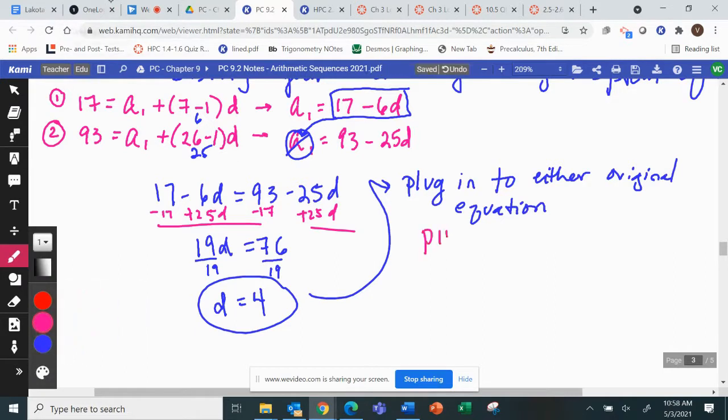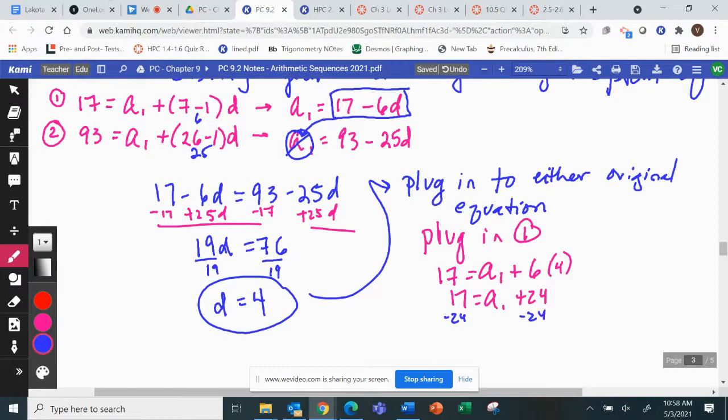So I will plug it into number 1. 17 equals a sub 1 plus 6 times 4. And I get a sub 1 is negative 7.